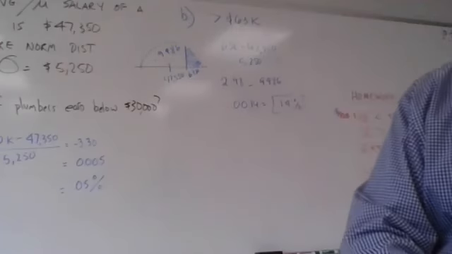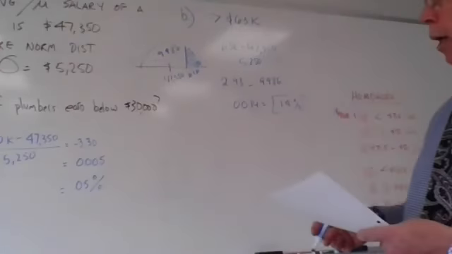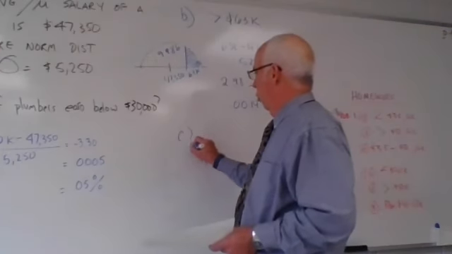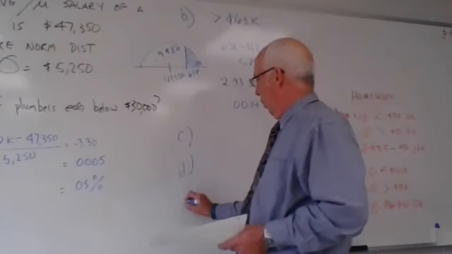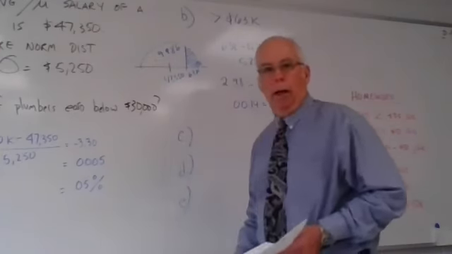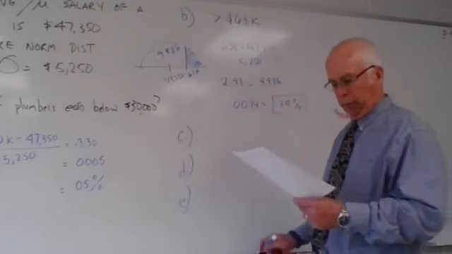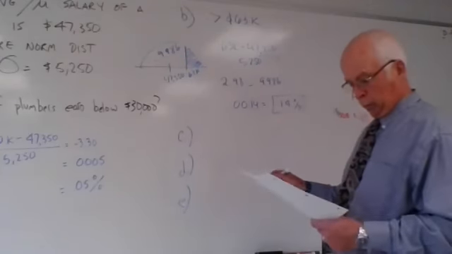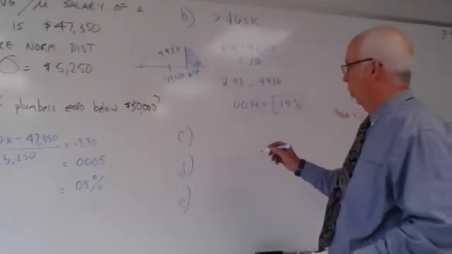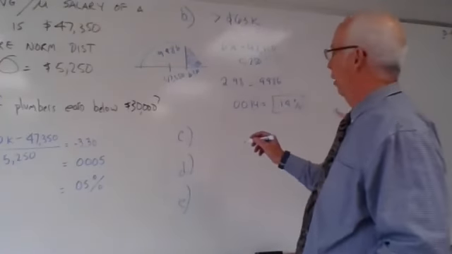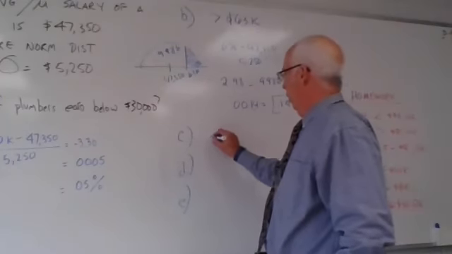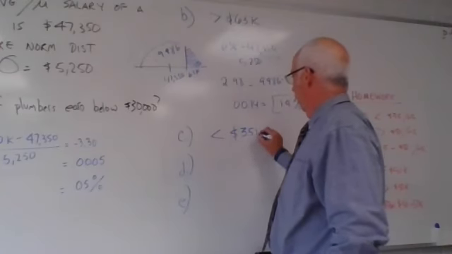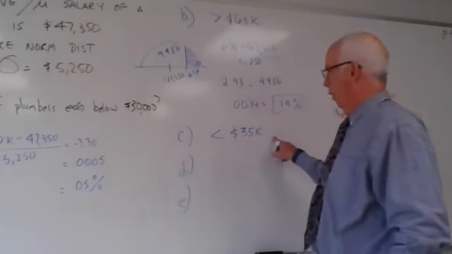Okay, here we go. All right, so you got these 2. Now I'm going to have you do C for homework, and a D, and an E. All right, stick with me, cameraman. All right, so the first one is, what's the probability that the plumber earns less than 35K? Okay, I'm going to abbreviate 35,000 bucks.